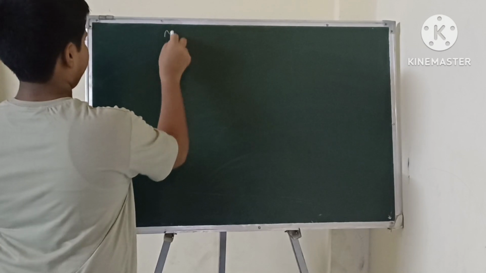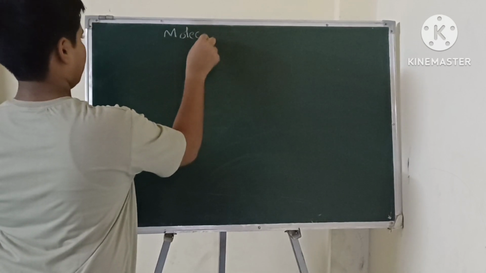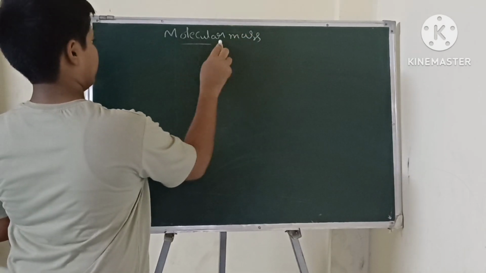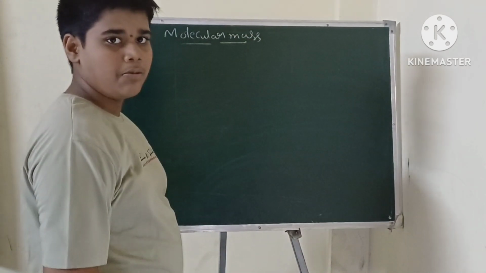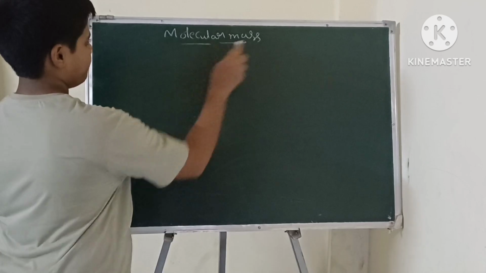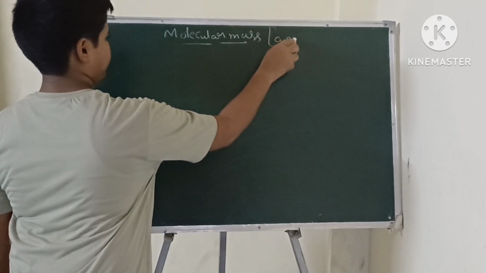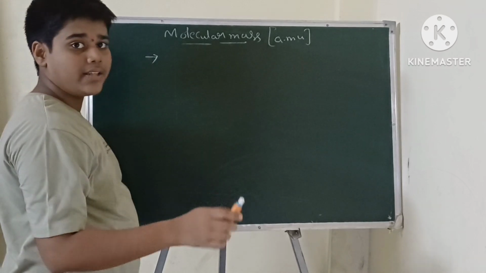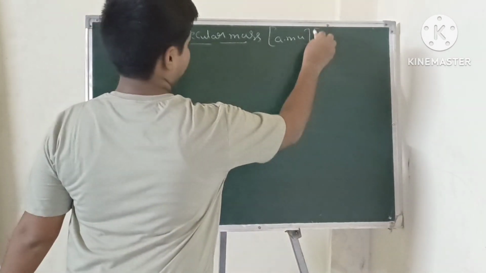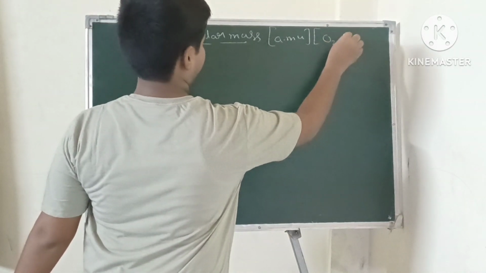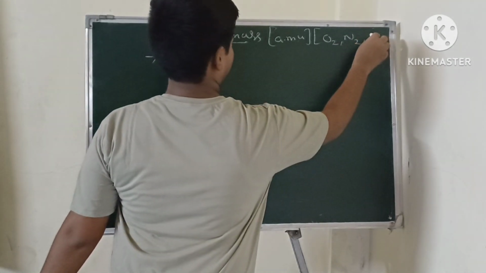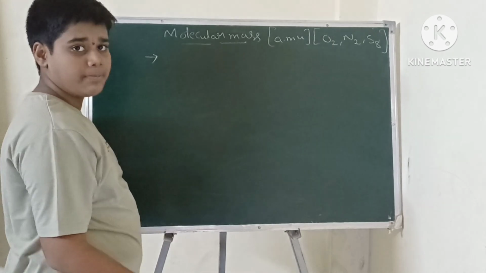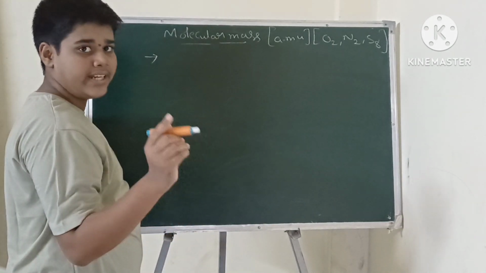Now next topic, molecular mass. Molecular mass is represented in AMU, same. Molecular mass is nothing but the mass of a molecule. A molecule means like this: O2, N2, S8, etc. Molecular mass means the mass of one molecule of any element.